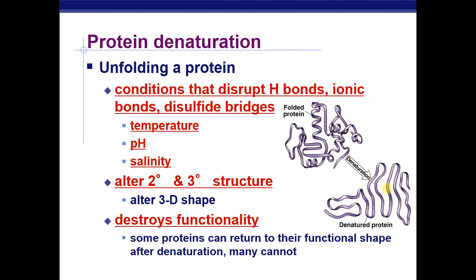So extreme temperatures, or pH or salinity can cause proteins to denature. Different proteins have optimal temperatures and pH and salinity based on where they're found in the body, and departing from those specific temperatures or pHs or salinities will cause them to denature.